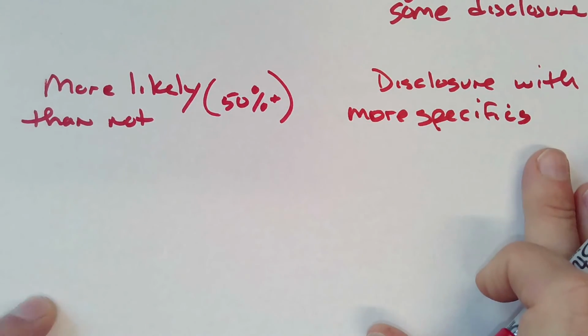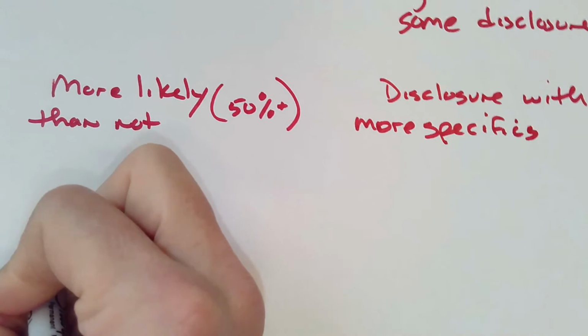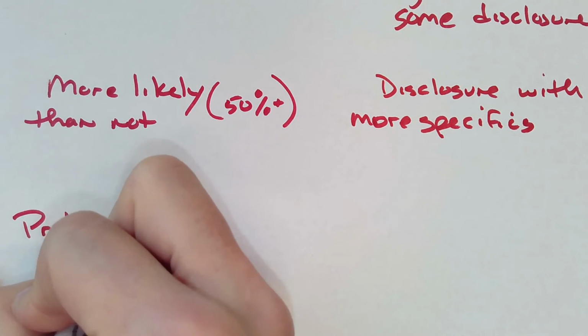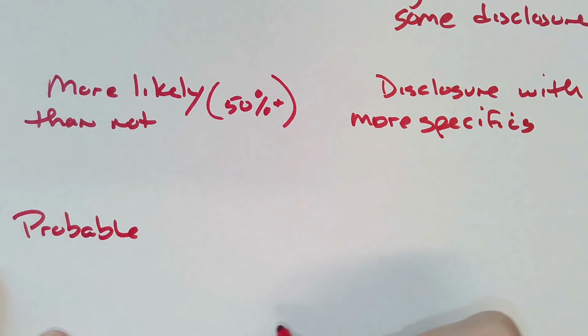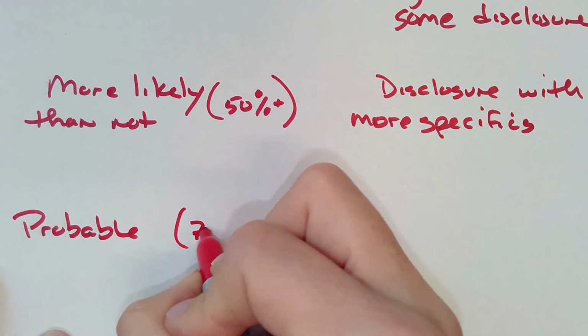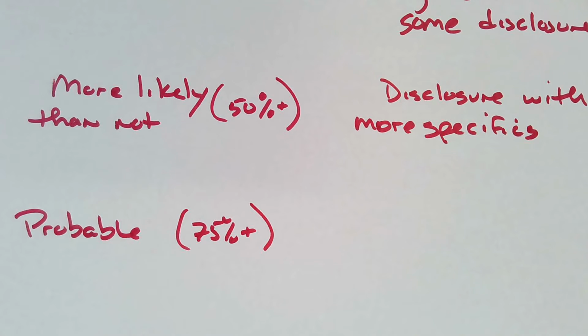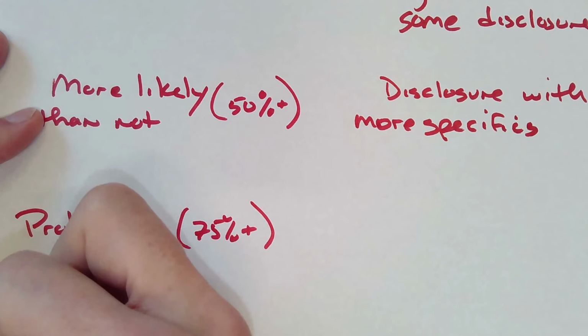The last one is if it's deemed to be probable. Right? And this is 75% plus, right? So there's a good chance that the plaintiff is going to be successful. In those instances where it's probable, we then also have to see, is it also measurable?